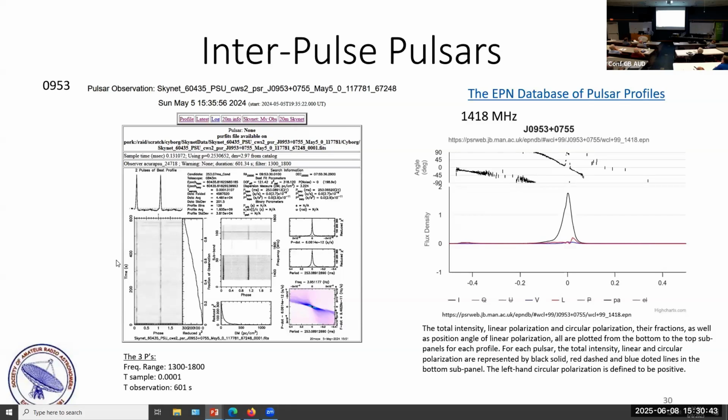And I compared that to the European pulsar database. These lines have different functions. You read down here: the circular polarization or rotation. I think there is just an interpulse here.